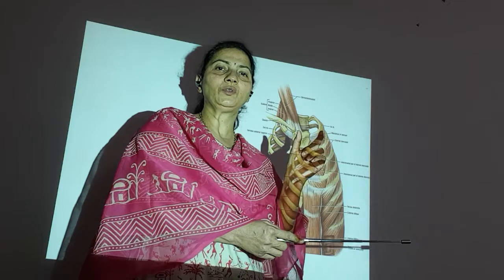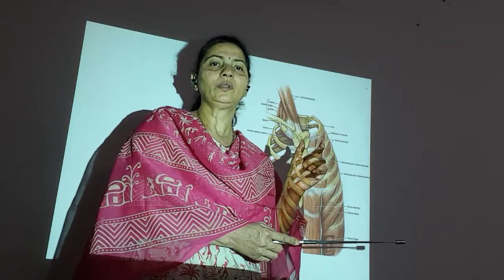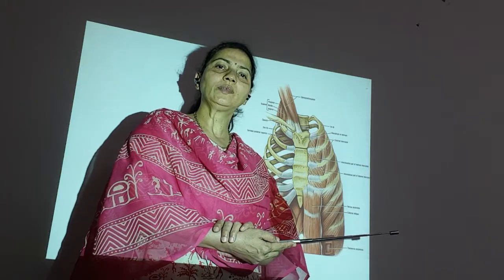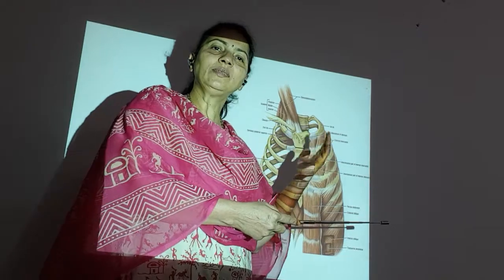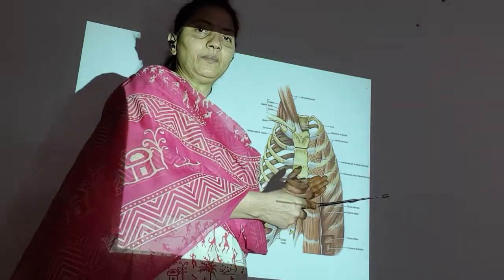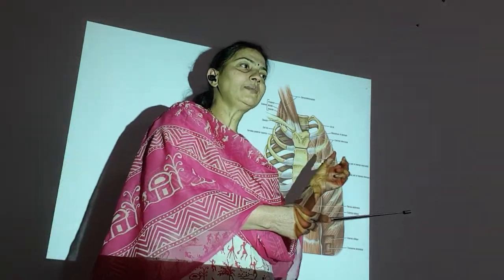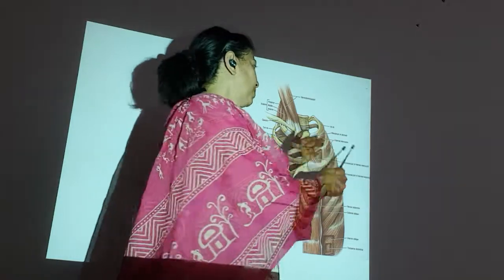So that portion of the internal intercostal is also taken as the second part of transversus thoracis muscle. And what is the last one? The last fibers, which are present posteriorly in the thoracic cage, are called subcostalis muscle. So these were the muscles of the thoracic wall. Thank you.